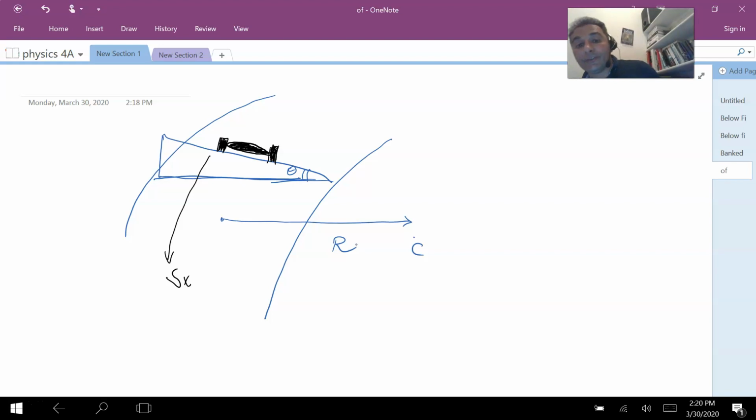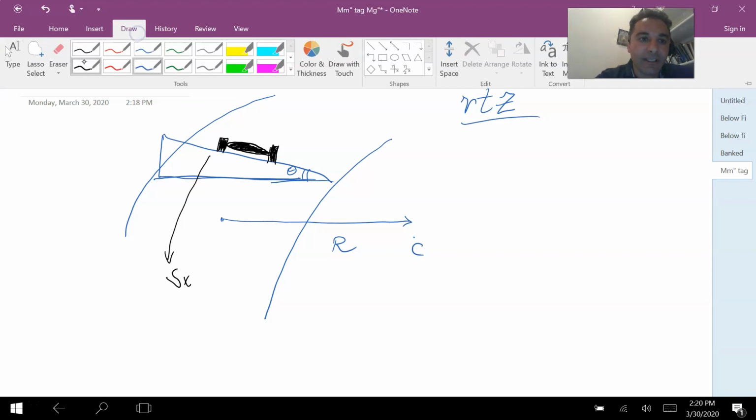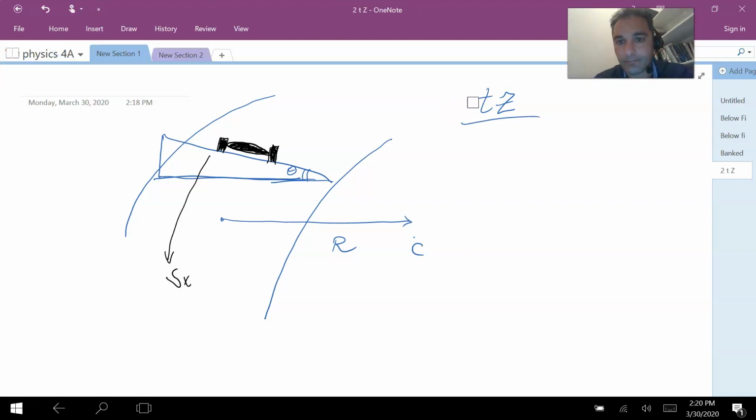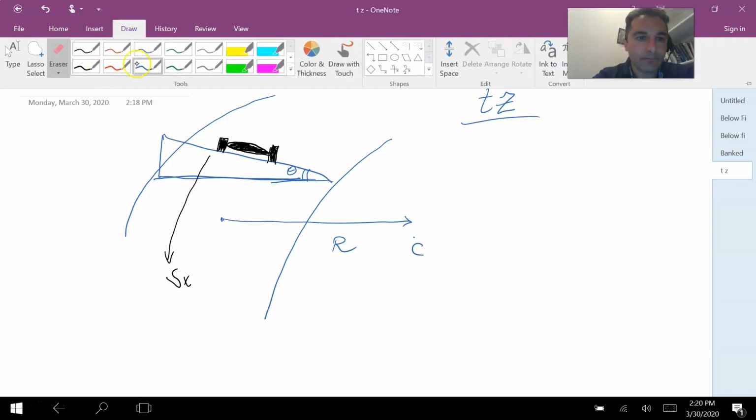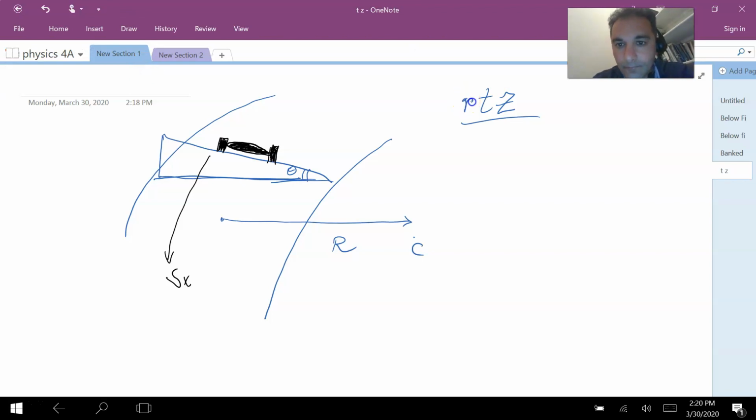Now what we need to do. Watch, guys, remember in the dynamics of circular motion, we have to use the RTZ coordinate system. What is RTZ?